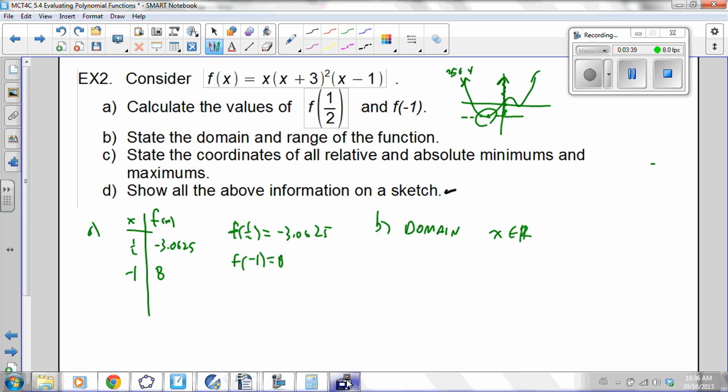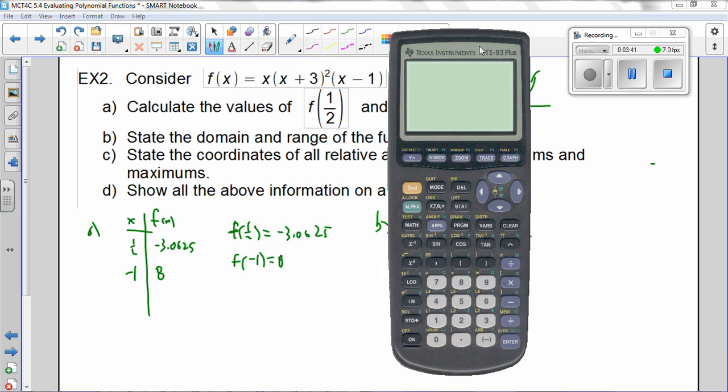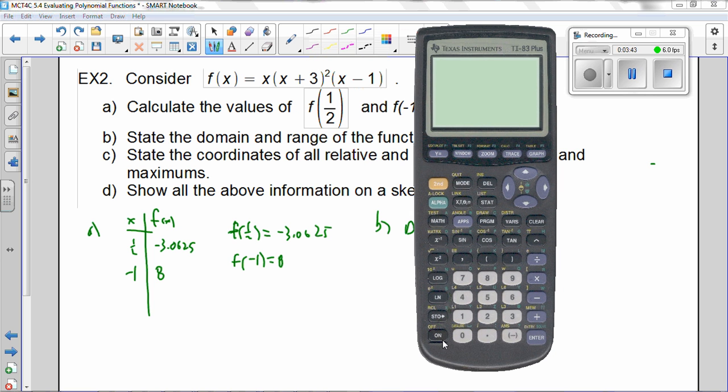All right, graphing calculator. Again, the steps are earlier, and I'm going to go through this as fast as I can for you. Clear that off. x bracket x plus 3 squared times x minus 1.